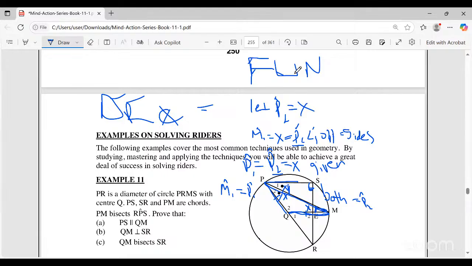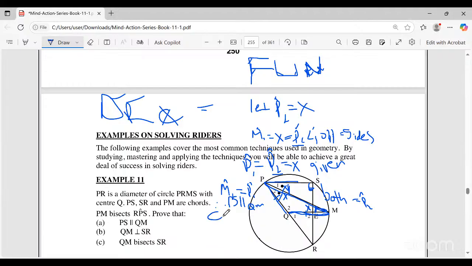If they form U, cointerior. Now it forms something like N or Z with this shape because that angle is equal to that angle. Therefore, that implies that this line is parallel to that line. Therefore, now your conclusion is going to be PS is parallel to QM.